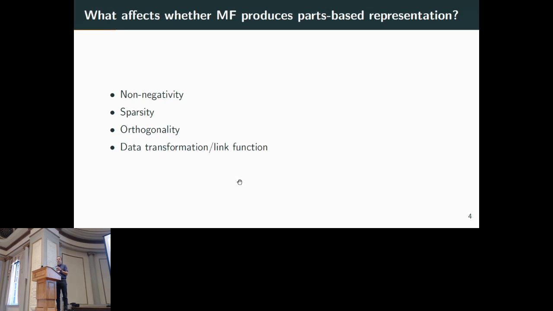Lee and Seung pointed out that non-negativity can make these decompositions more interpretable. Sparsity can also help. Orthogonality may influence it, whether it helps or hinders might depend on exactly how it's used, but it definitely affects things. And the data transformation you use can also affect things.